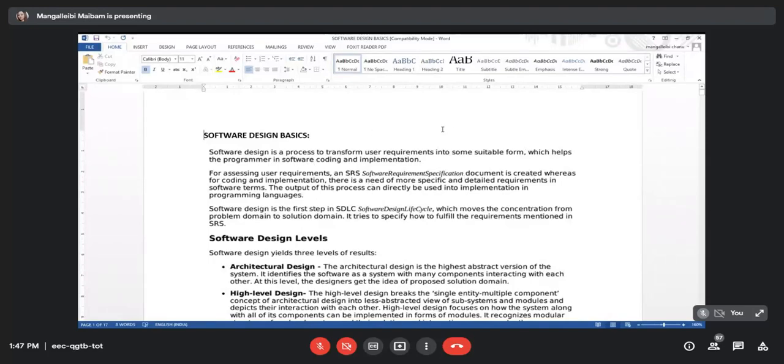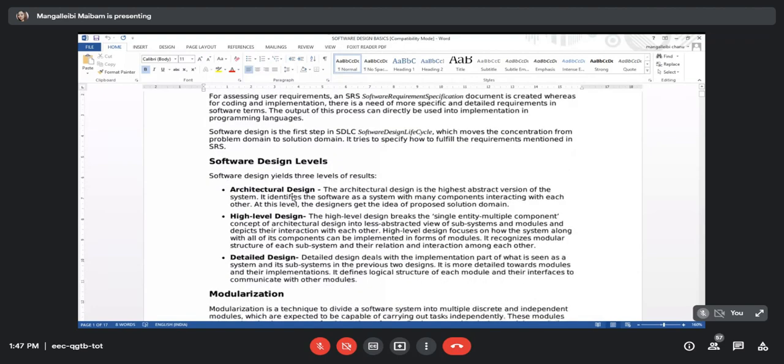Once we finish the requirement gathering, our next step is software design. This is converting all our requirements into a form which a programmer can understand and which he can use in software coding and implementation.